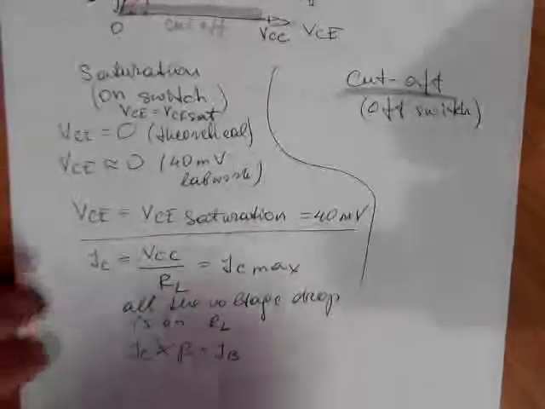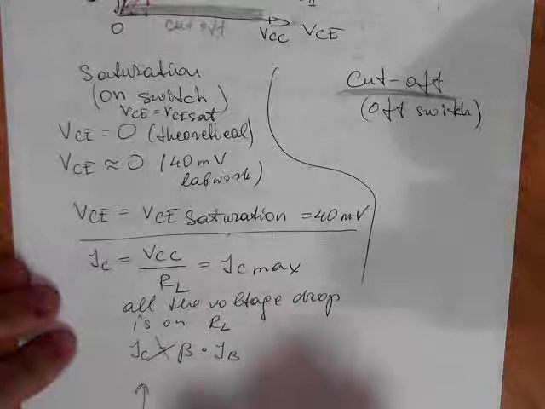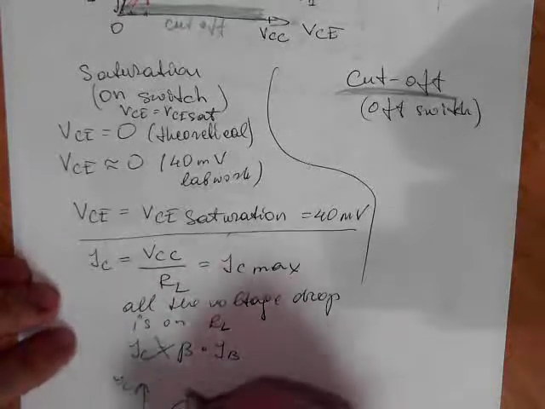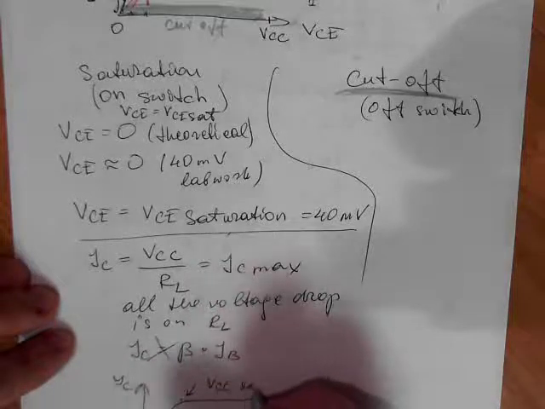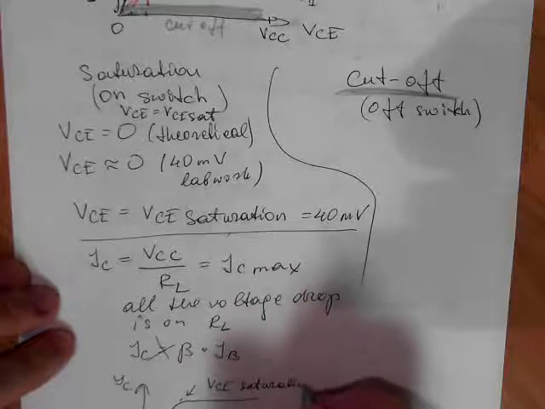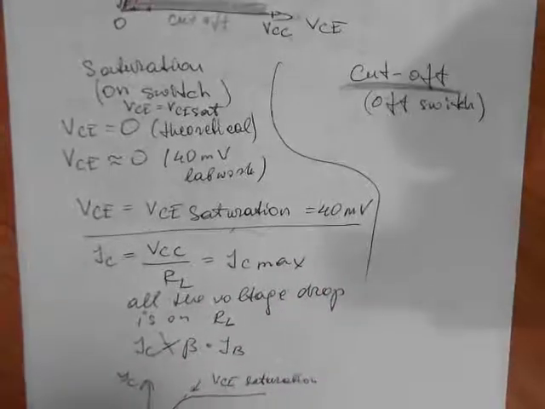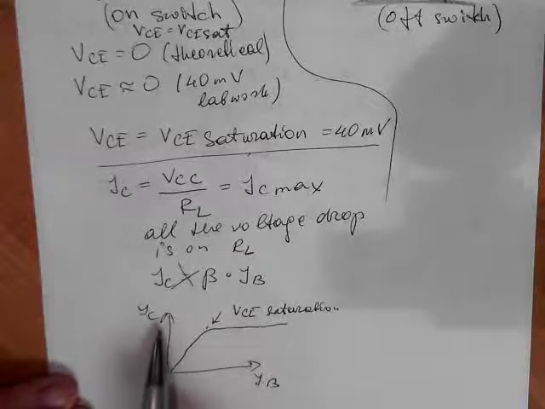And IC equals beta times IB, this relation is not valid. Why? Because if we draw IB, IC like this, and we have this kind of graph, at this point we get VCE saturation, because IB doesn't control IC.